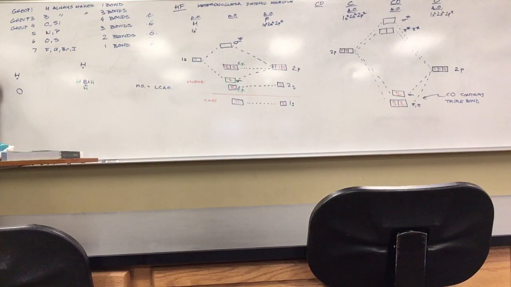If I remove the electron, it goes up to being H+. If I give it another electron, which it's capable of doing, so this would be 1s0, that would be 1s1, and this would be 1s2. Hydrogen, hydronium, hydride.